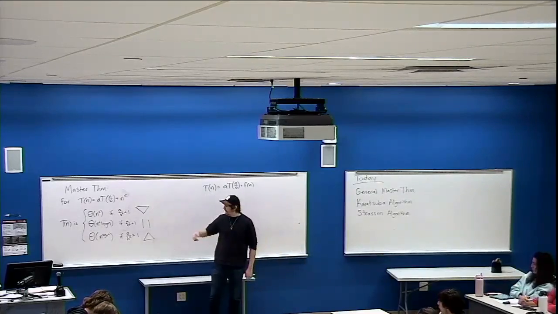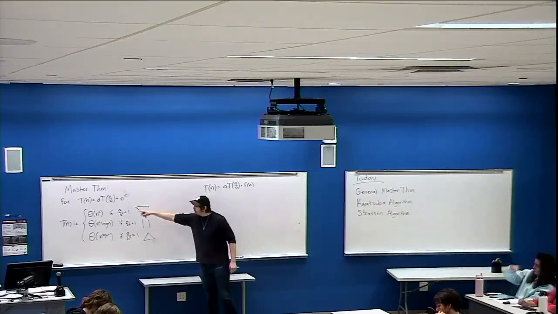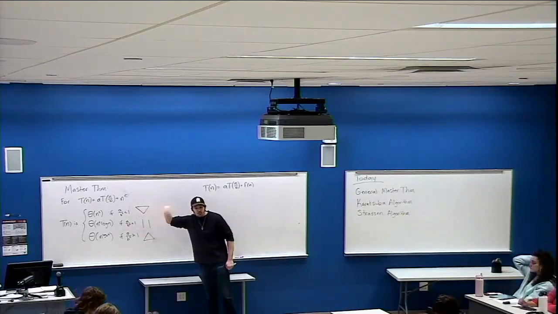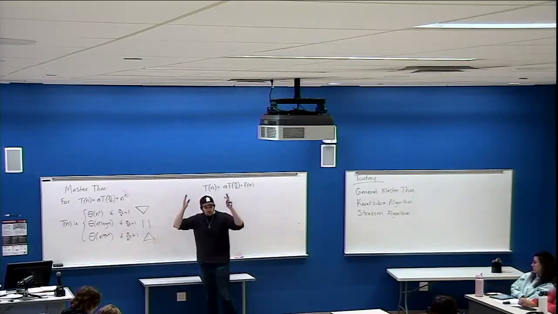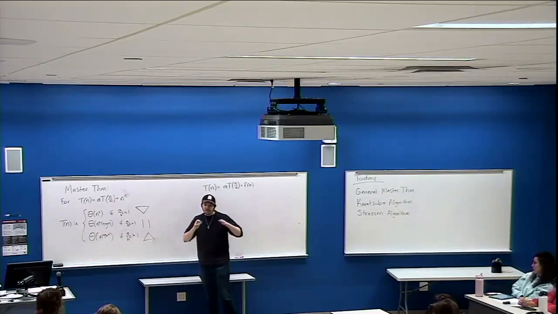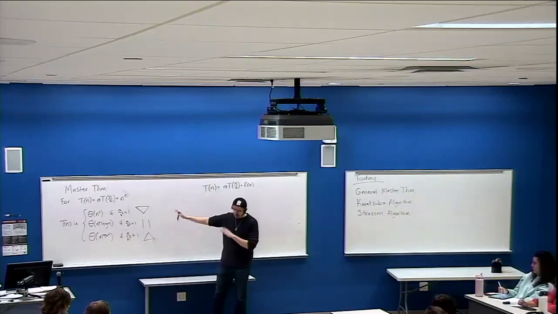In this summation of all of these layers, the largest term is going to end up being my tight bound. This isn't always true. For example, when these are all equal, then we have to multiply by the amount of them there are, and there is some middle ground there, like n plus n over 2, etc., which gives me a different term. Whatever the case, we generally want to look at this.